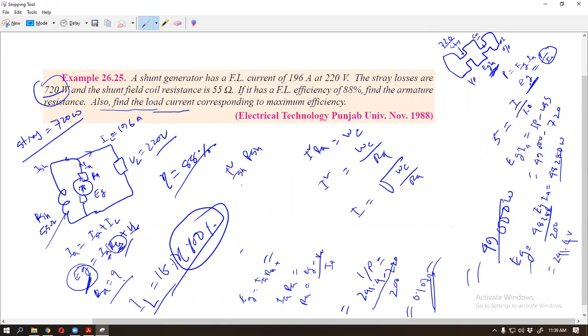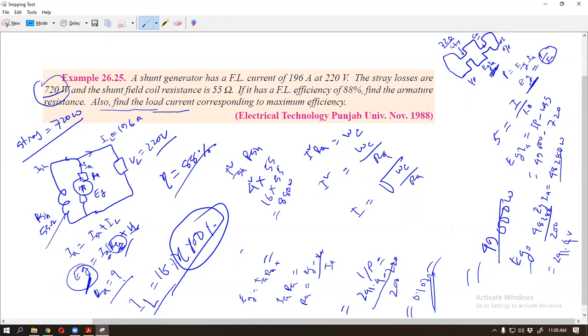Now shunt current, you know that shunt current is equal to 4. So 4 square into RSH, which is 55. So your result is 16 into 55, which is 880 watts.